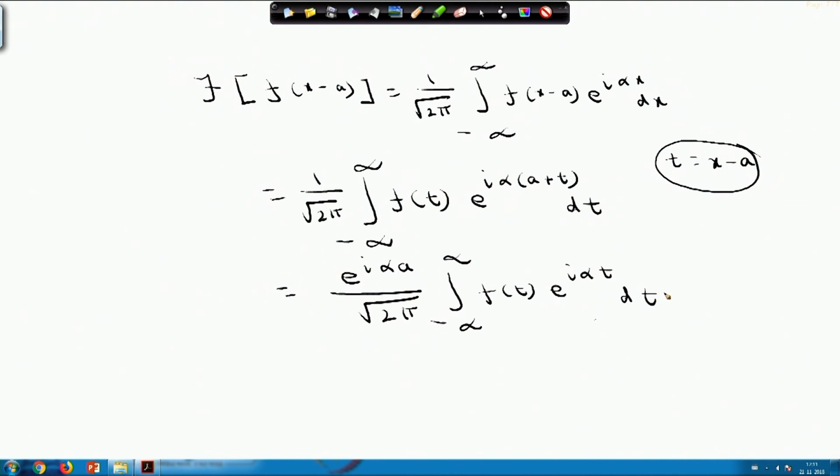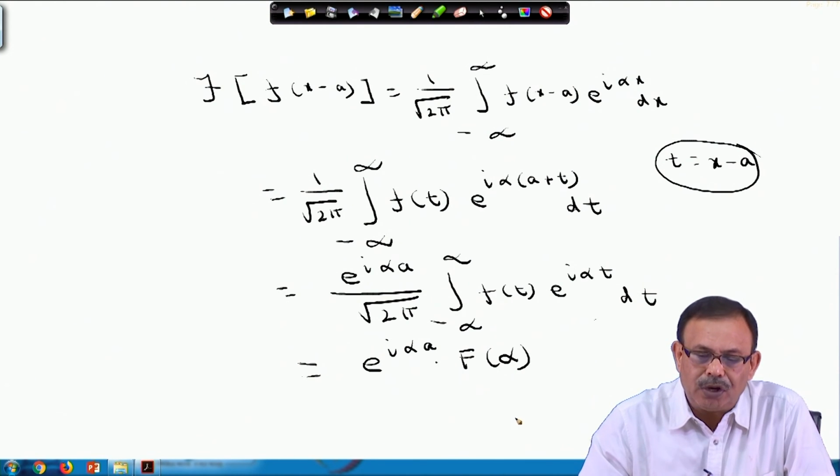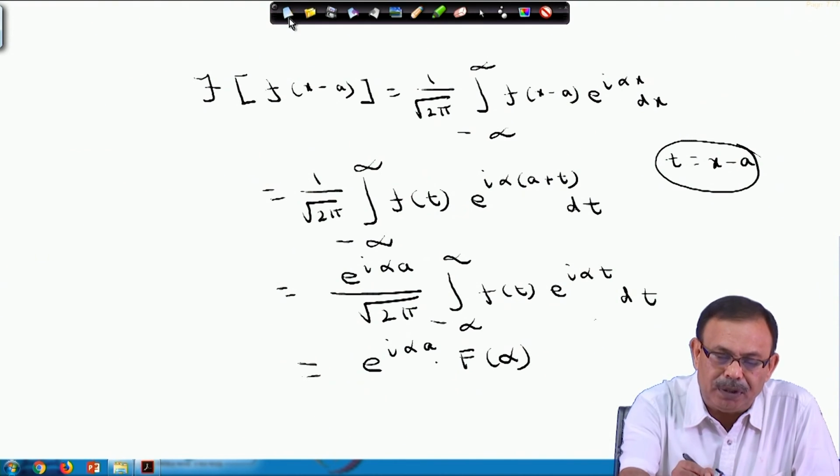And if you look at it, 1 by root 2 pi integral from minus infinity to infinity f t into e power i alpha t dt is nothing but the Fourier transform of f t, that is F of alpha. So, this equals e power i alpha a into F of alpha, where F of alpha is the Fourier transform of the function f x, which completes the proof of the shifting theorem.